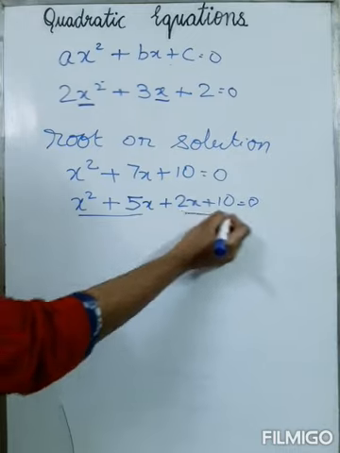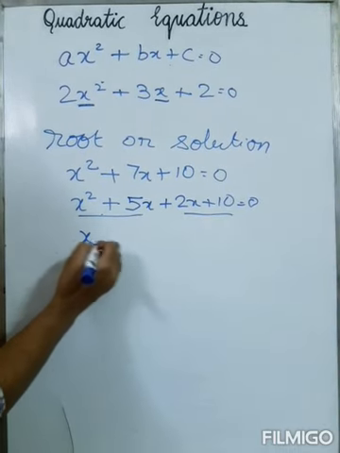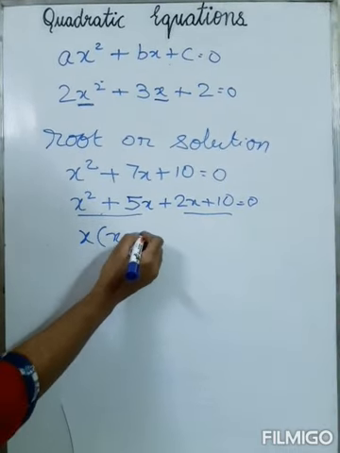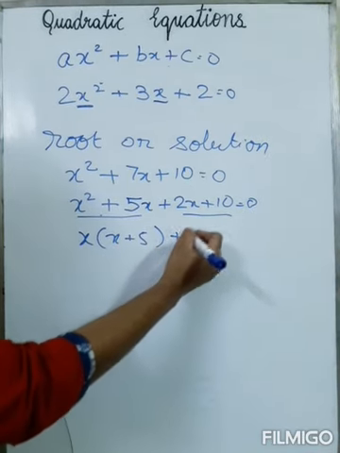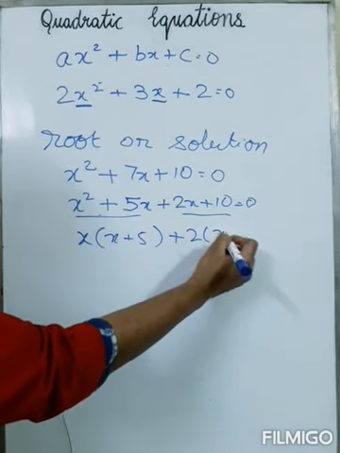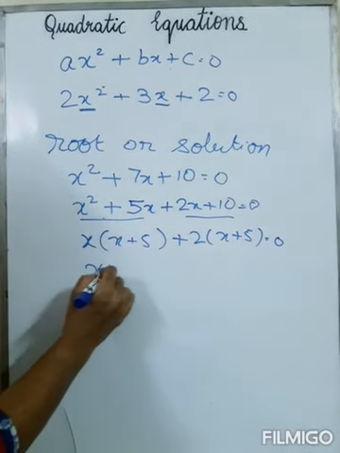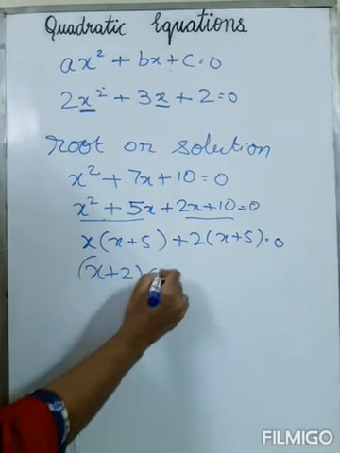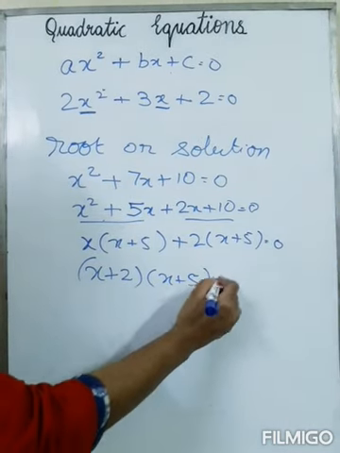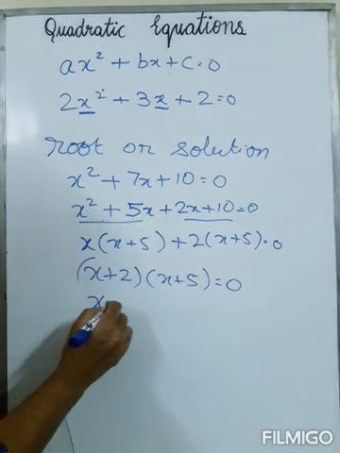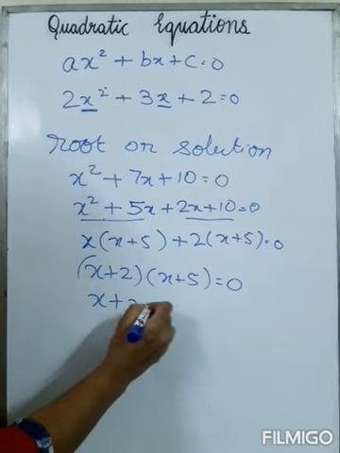Now here I am making a group. From this group I am factoring out x, so x plus 5, and from this group I am factoring out 2, so x plus 5 again equals to 0, or I can write x plus 2 into x plus 5 equals to 0.